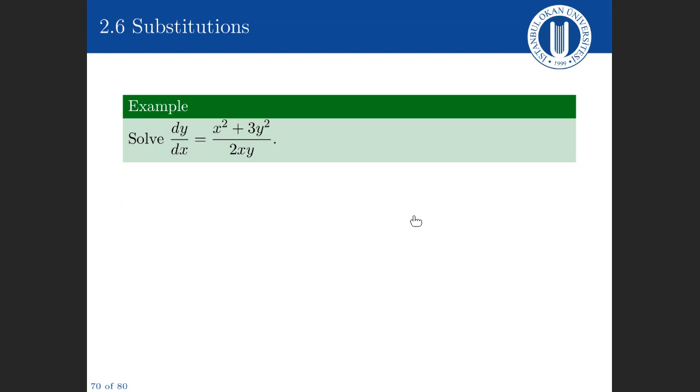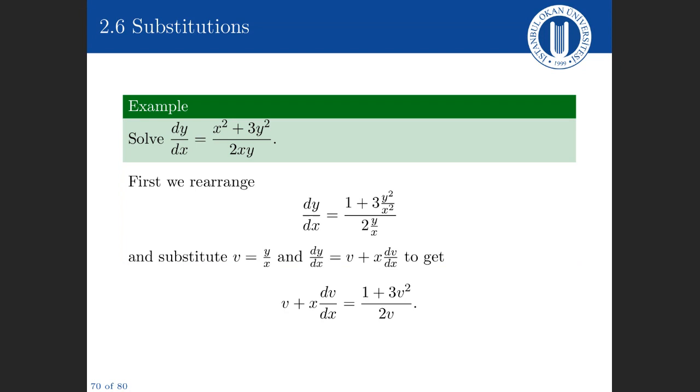One more example. Solve dy/dx is equal to (x squared plus 3y squared) divided by 2xy. First, we rearrange this by dividing by x squared: (1 plus 3y squared over x squared) divided by (2y over x). You can see this is a homogeneous equation because everywhere y appears, we also have divided by x.